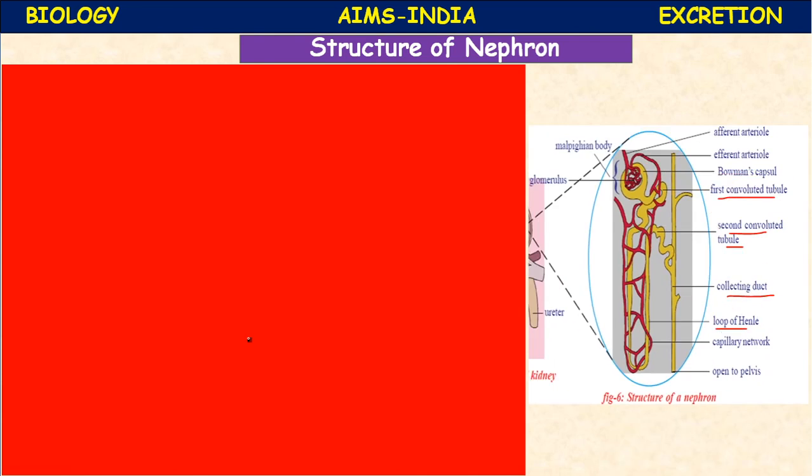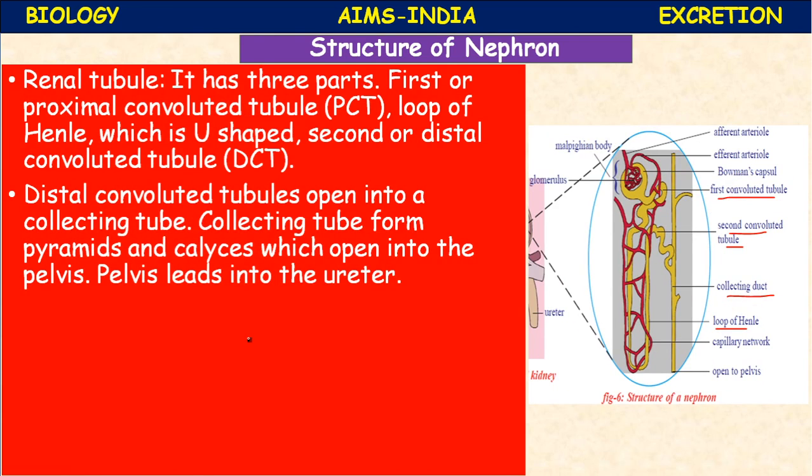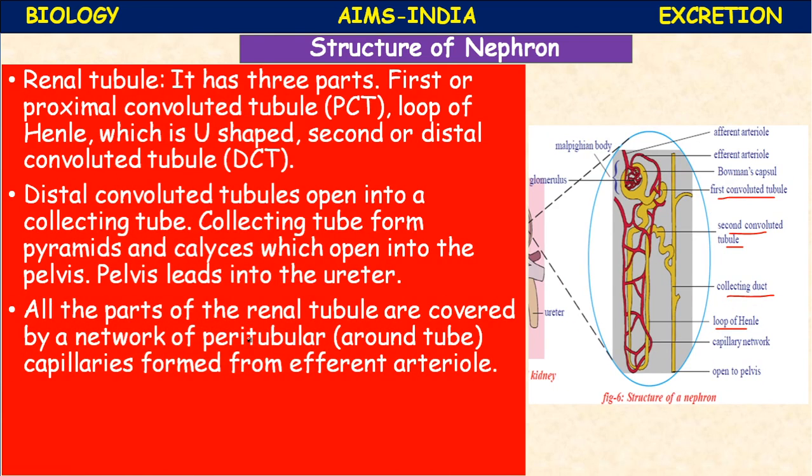So let us continue. All the parts of the renal tubule are covered by a network of peritubular capillaries around the tube. These capillaries are formed from the efferent arteriole. This is the efferent arteriole.